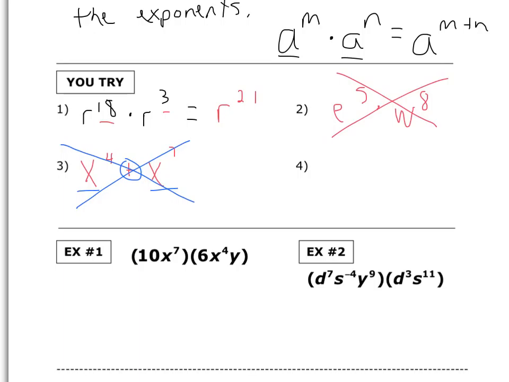And your last one, we got h to the 512 times h to the 6th. We have the same base. We have multiplication, so we're good, and we can just add the exponents. Okay, so that will give you h to the 518.